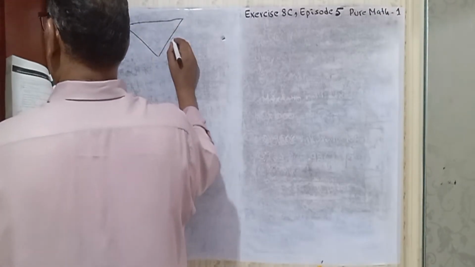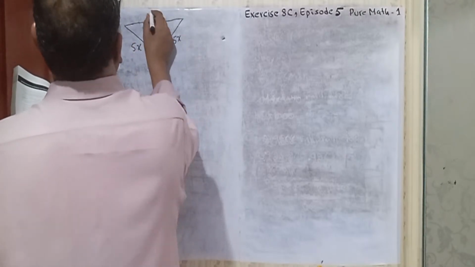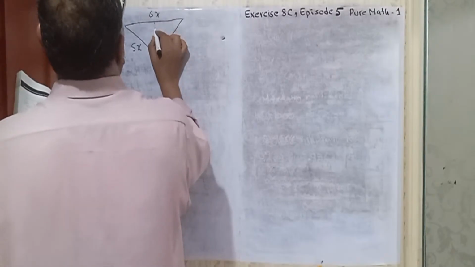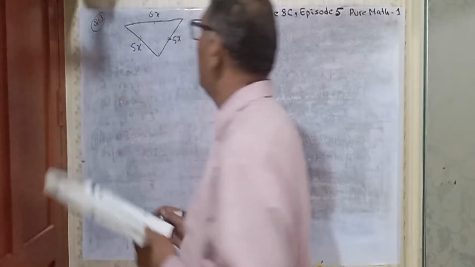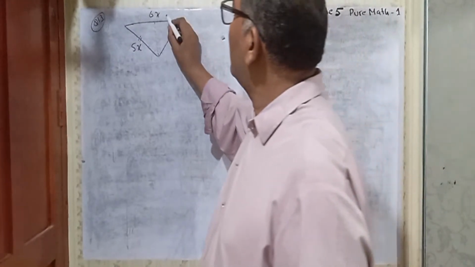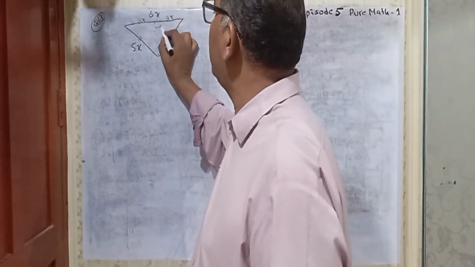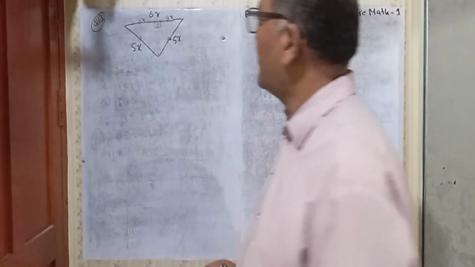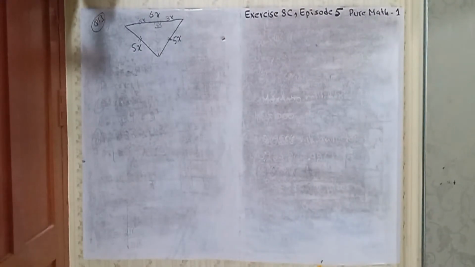This is 5x, this is 5x, and this whole thing is 6x. Because it is given that this side and this side are equal, in an isosceles triangle this will be 3x, and this side will also be 3x, and this will be your right angle triangle. So I can find this height.